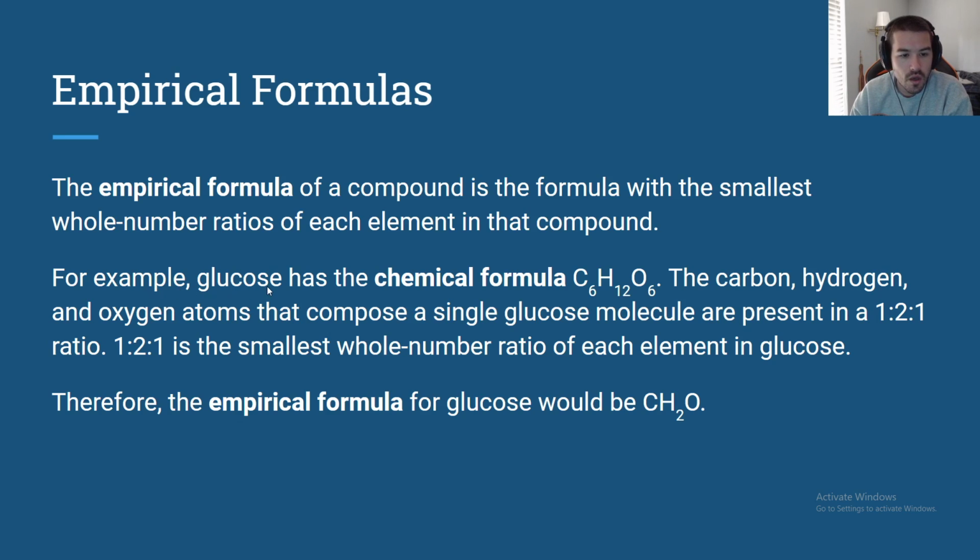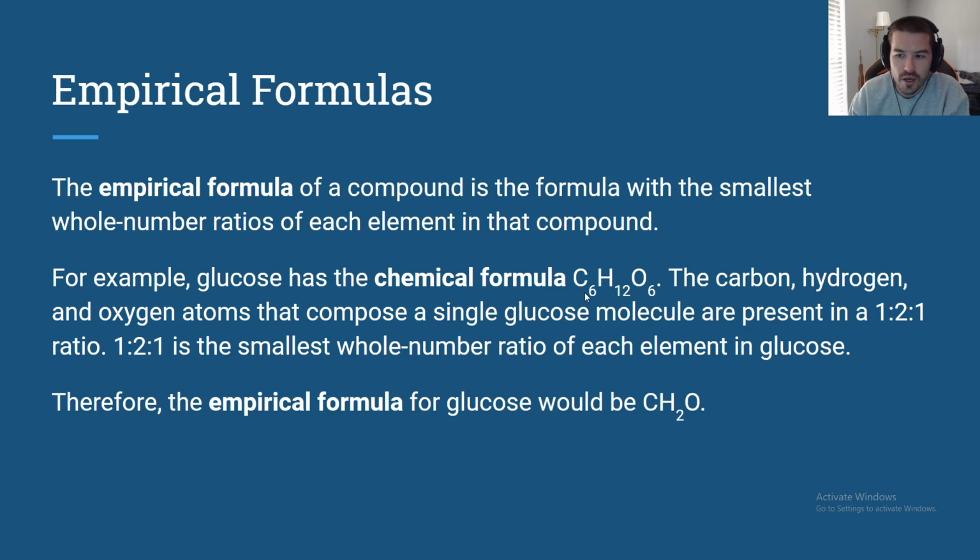All right, so glucose has the chemical formula, or the molecular formula, of C6H12O6. All right, this is the sugar that your body uses to conduct cellular respiration, right? So this is the chemical formula of glucose, also known as the molecular formula of glucose.